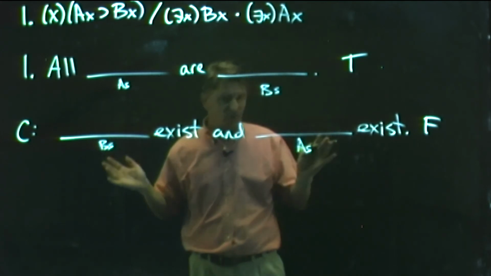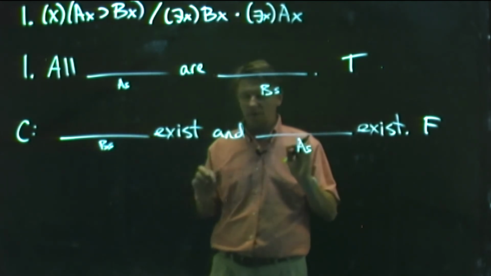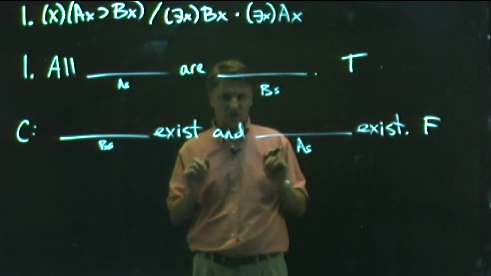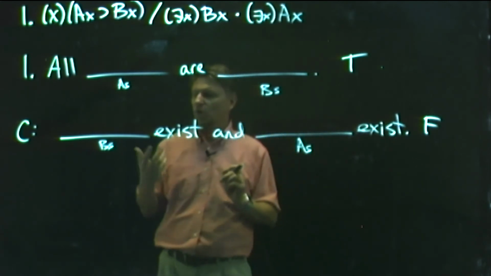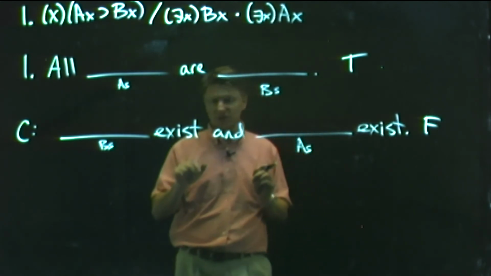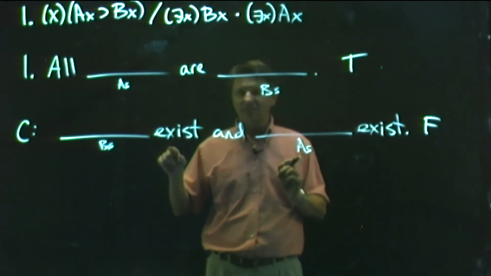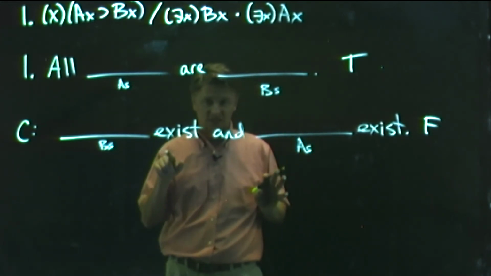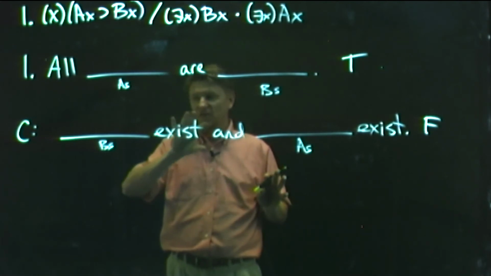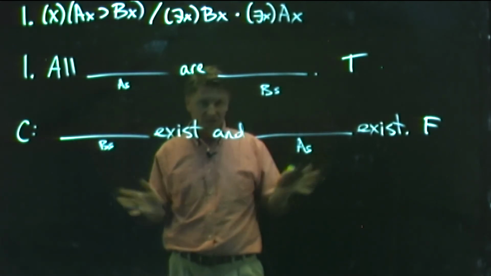You could make them both false as well, but just making at least one of them false will ensure that you have a false conclusion in this case. And so what that means is we're going to have to think about, in this particular instance, something that doesn't exist. Something that doesn't exist will make this false, and that'll make the whole statement false, right?